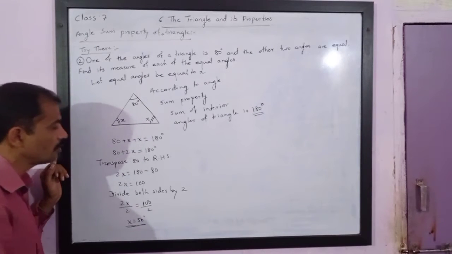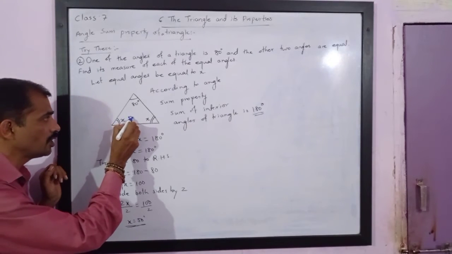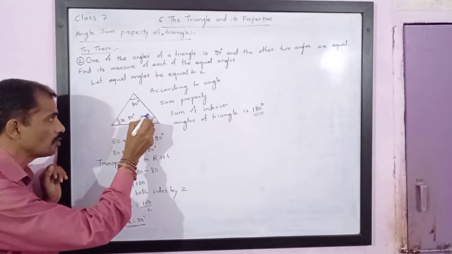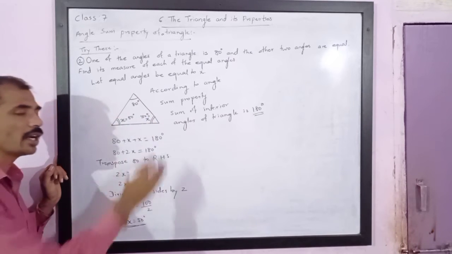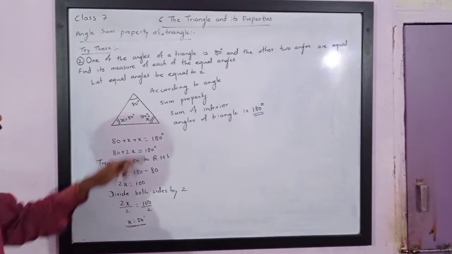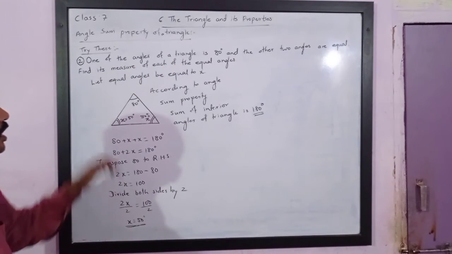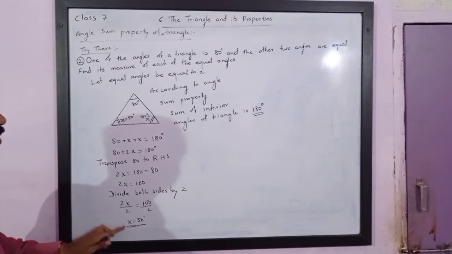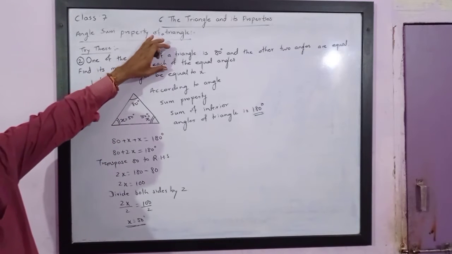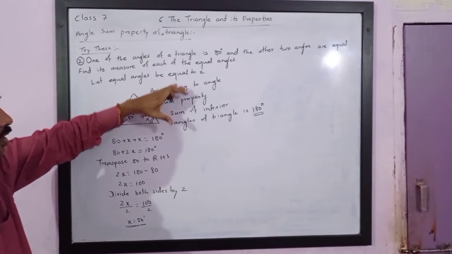If x is equal to 50 degrees, it means this angle is 50 degrees and this angle is also 50 degrees. The reason is both are equal angles. Thus, we are asked to find the measure of each of the equal angles. We have found x, but please note x has nothing to do with the question. X is what we have learned to solve.